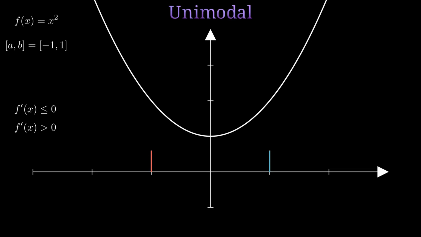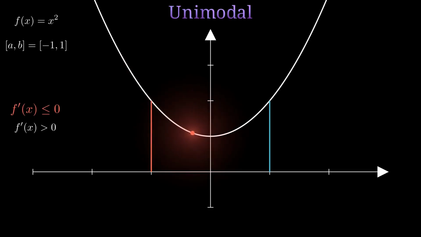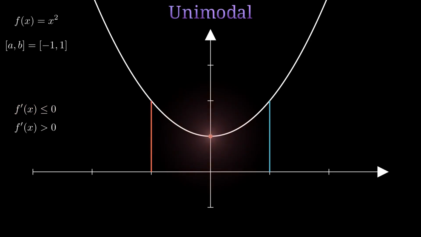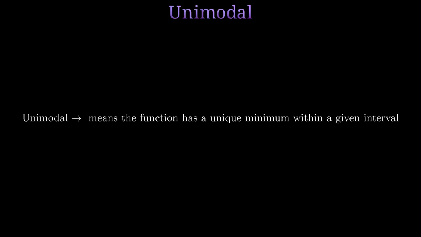Now from -1 to 0, it's decreasing, meaning the derivative is negative, and strictly increasing from 0 to 1, meaning that the derivative is positive. Therefore, we can say x squared is unimodal on the interval -1, 1. And in simpler terms, unimodal means that there is a unique minimum inside the interval.